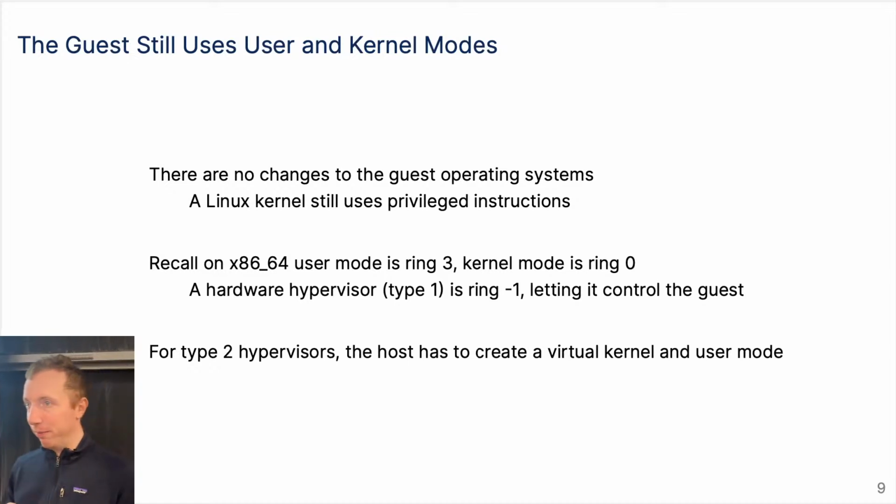So they had to make something that is even more privileged that can control things running in kernel mode. So they just called it ring -1, because they ran out of numbers. So the hypervisor is in ring -1.